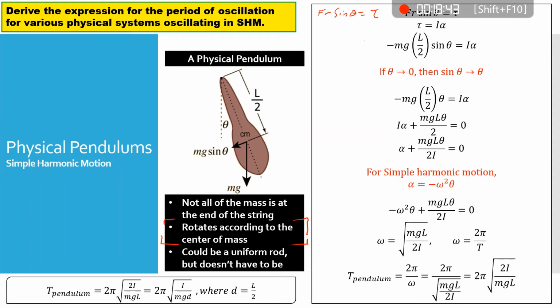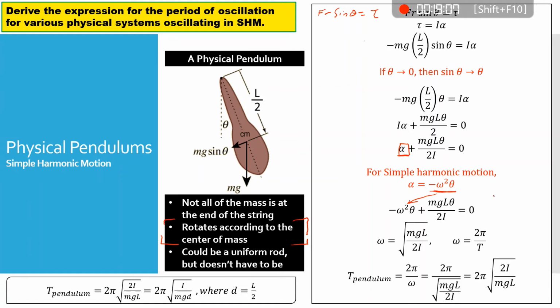Again, for simple harmonic motion, our angular acceleration is negative angular velocity squared times angular displacement. So we can substitute for our angular acceleration. Anytime that I see an angular acceleration, I'm going to replace it with negative omega squared theta.